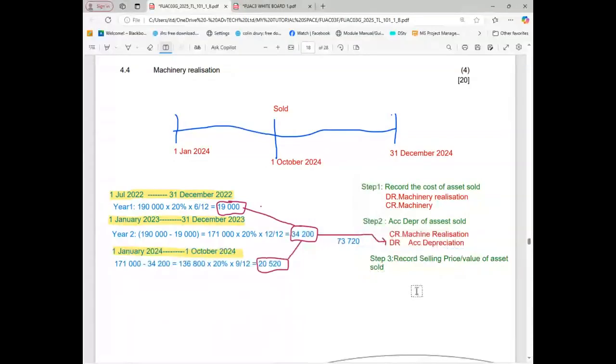Do we debit it or do we credit it? So you would debit it. No, we don't debit.